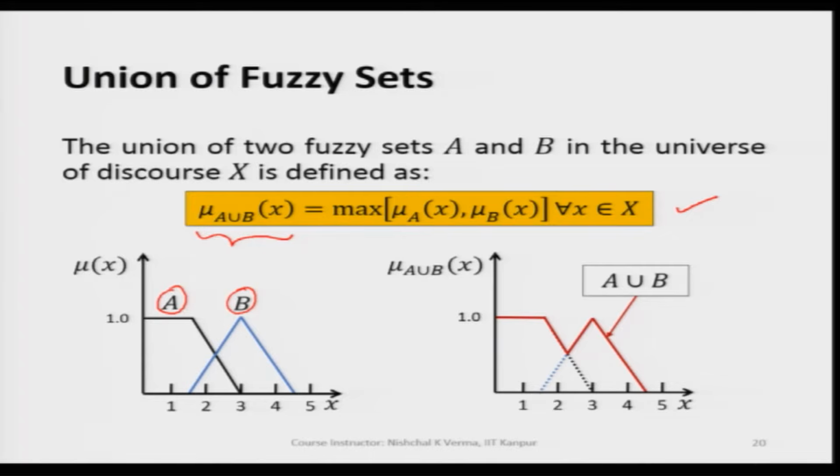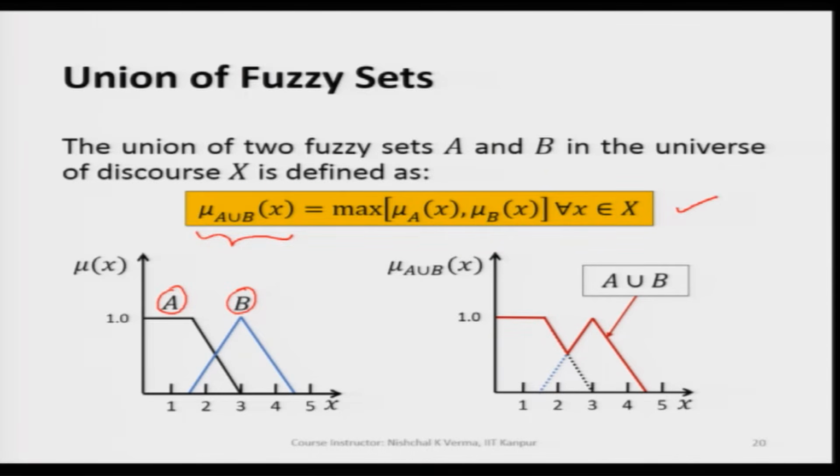If we apply this condition, it says that at each and every generic variable value, we take the maximum of the corresponding membership values.